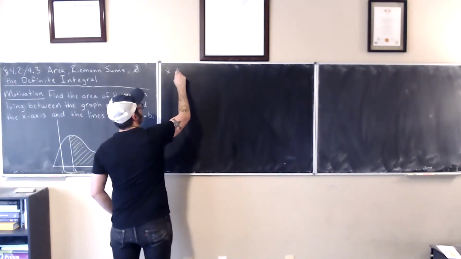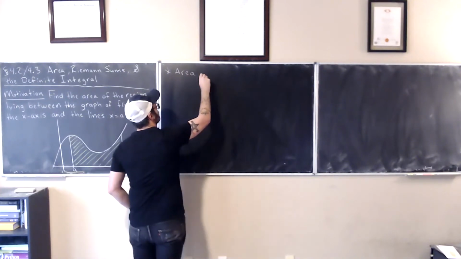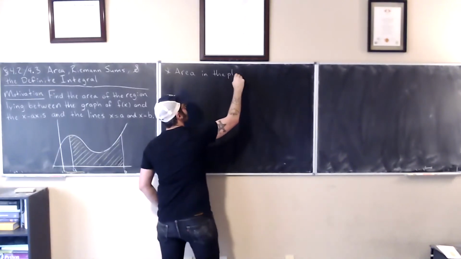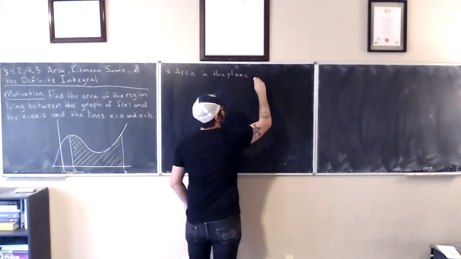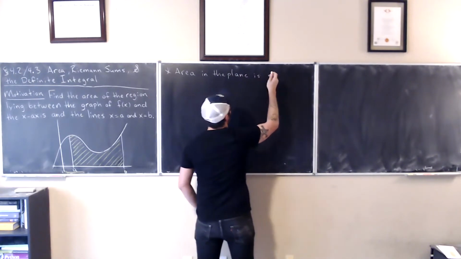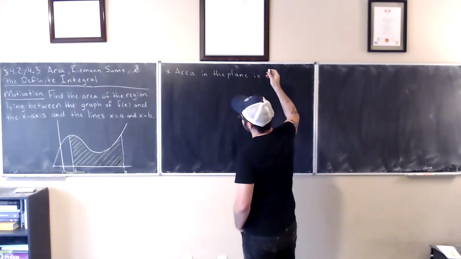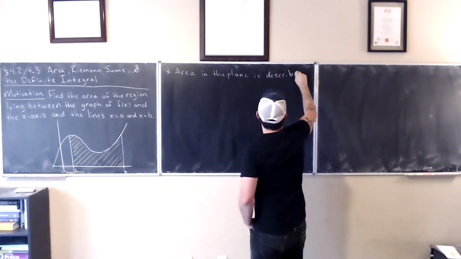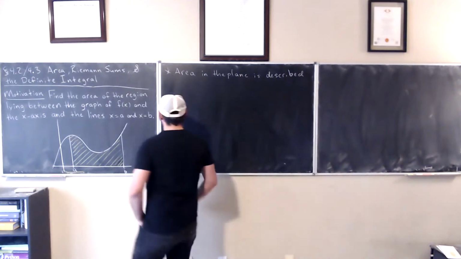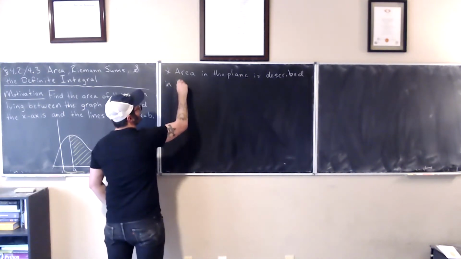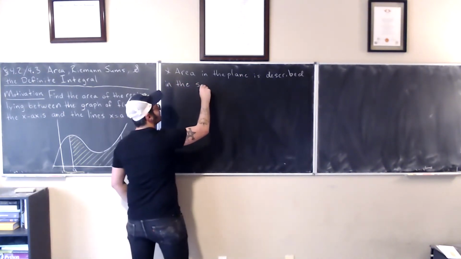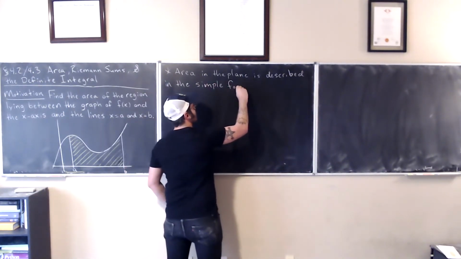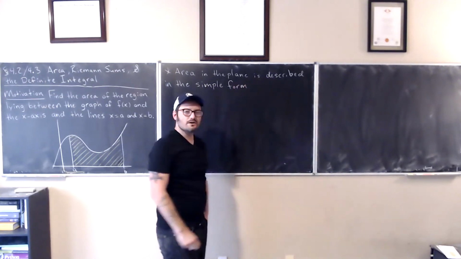Area in the plane is described in the most simple form by the area of a rectangle.